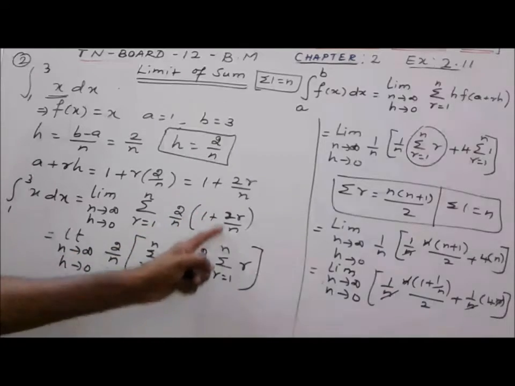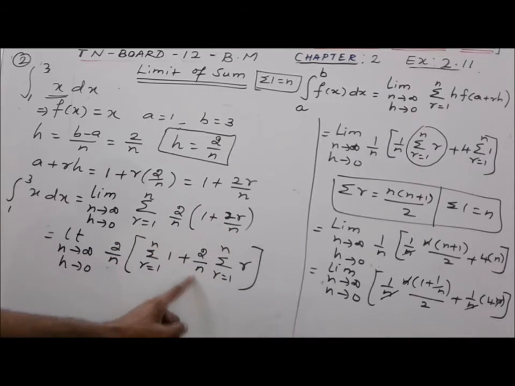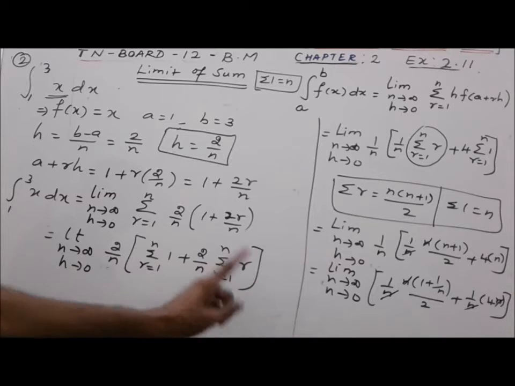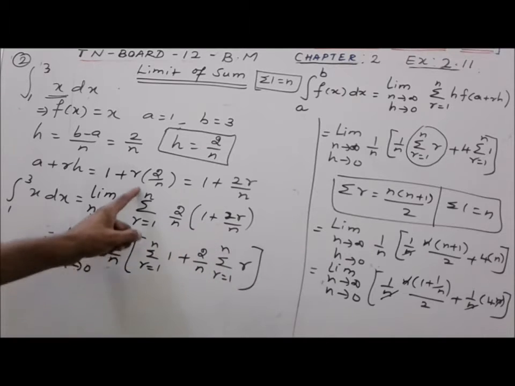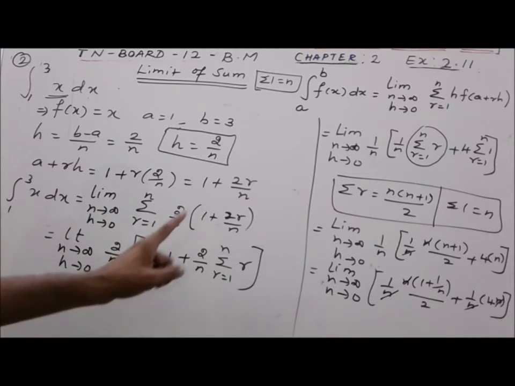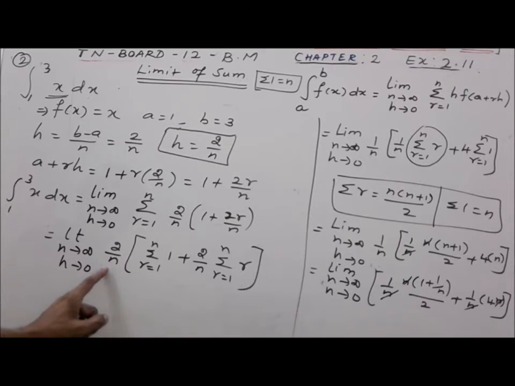This is split into 2 by n into r, 2 by n constant, then sum of r equal to 1 to n is r. Here only 1 appears, sum of r equal to 1 to n 1. The 2 by n is taken totally constant out. Here substituting the values for 1 and r.